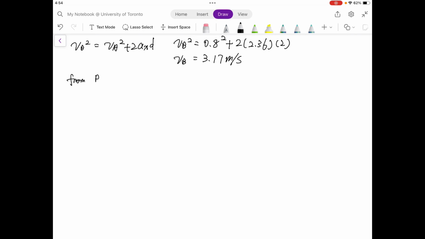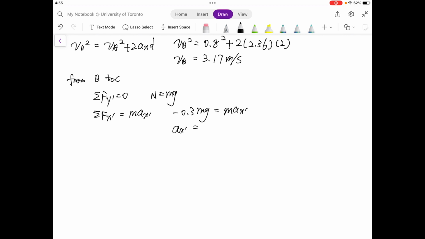Again, from B to C, all the force in the y direction is equal to 0, so N is equal to gravity. The force in the x direction is equal to m a x, so 0.3 times gravity is equal to m a x. So a x is equal to negative 2.96 meters per second squared.